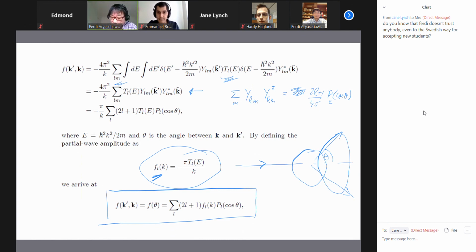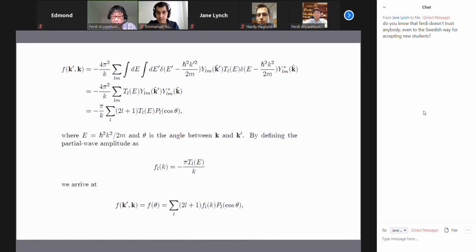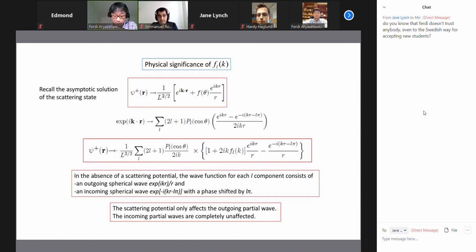So before we do that, we want to rewrite the asymptotic solution of the scattering state in a physically more transparent way.